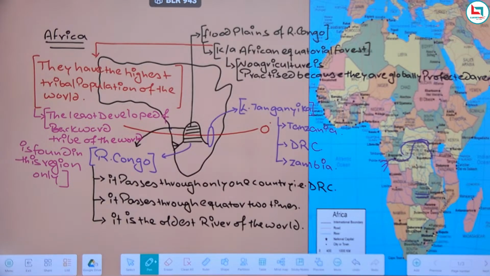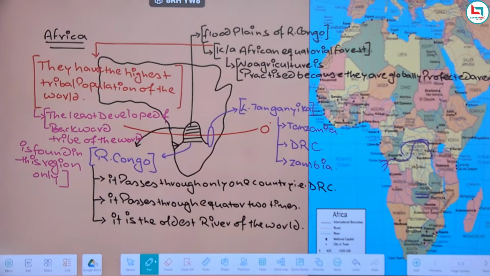This is a globally protected area because here we find two prominent tribes, the Pygmies and Ubatus. Remember, the African equatorial forest has the highest tribal population of the world, and the least developed and backward tribes of the world are found in this region.